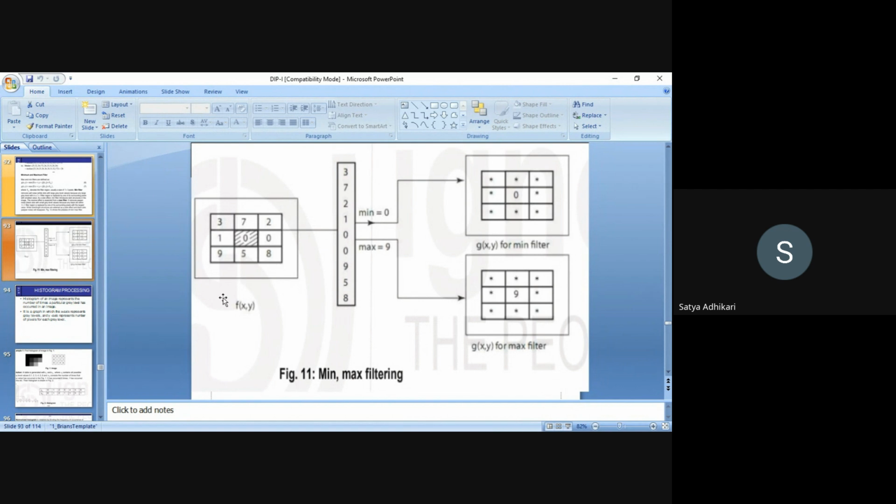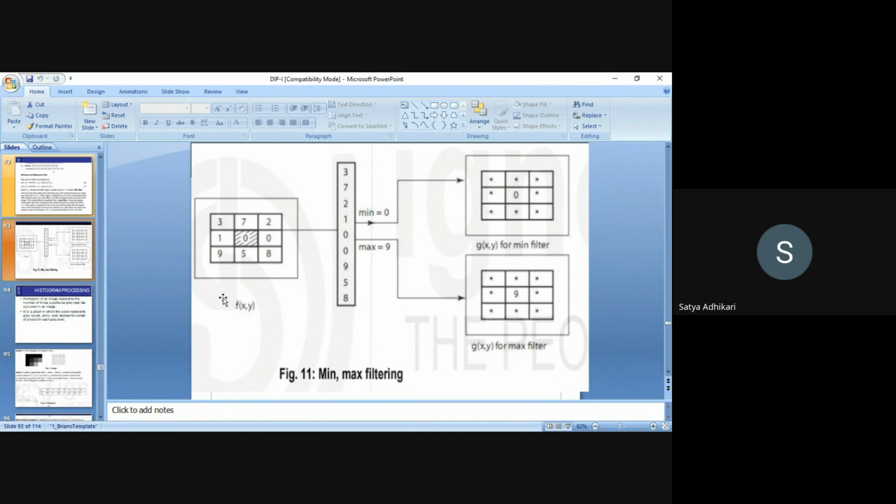You can imagine here how salt noise and pepper noise are avoided. In the minimum case, the salt noise, the white point, is not there, because if 9 is the maximum, 9 is brighter, and its neighbor is 0, so 9 will be replaced by 0.